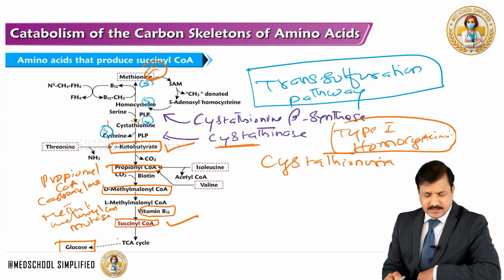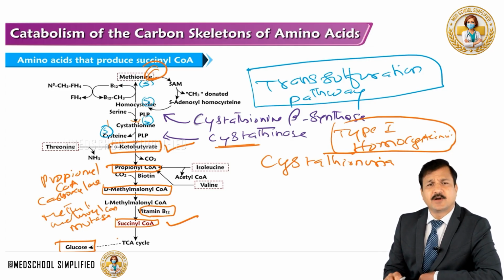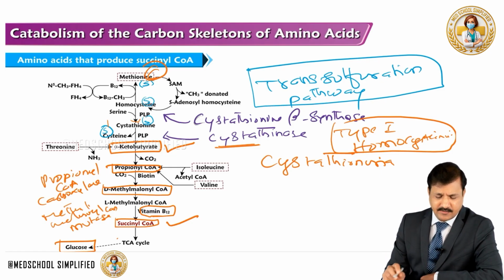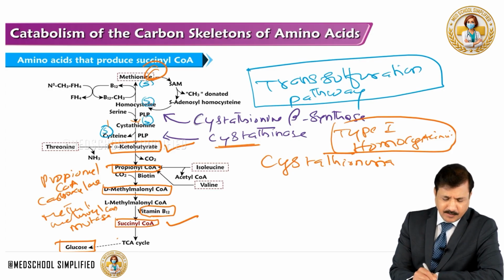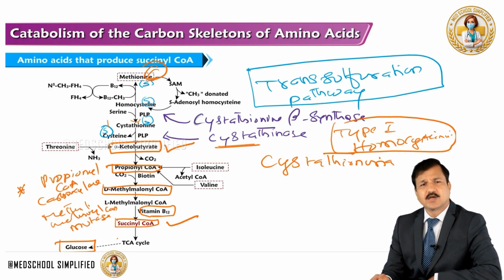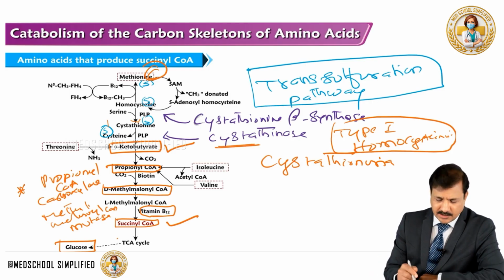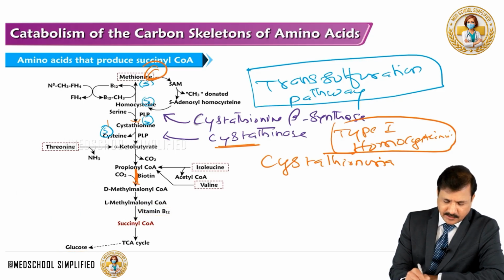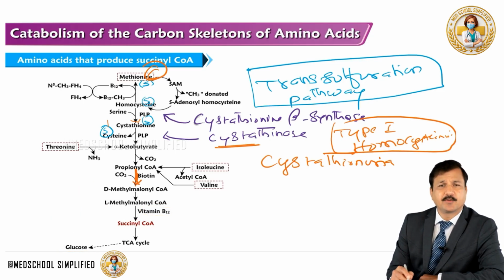gluconeogenesis. And while this conversion goes on from alpha-ketobutyrate all the way to propionyl-CoA, succinyl-CoA to glucose, at least in this particular pathway, there are two enzymes that can have a clinical application. One is propionyl-CoA carboxylase, conversion of propionyl-CoA into methylmalonyl-CoA, which needs biotin.